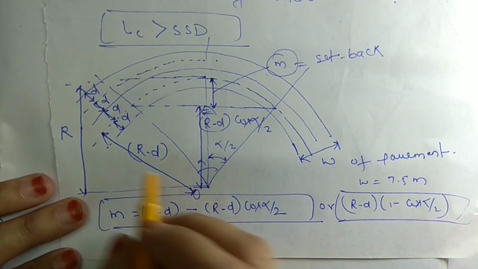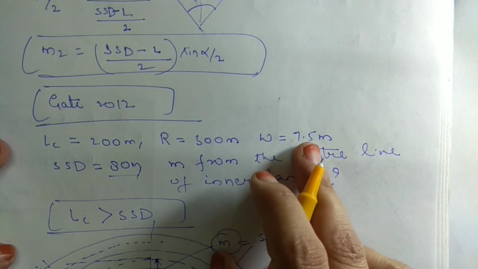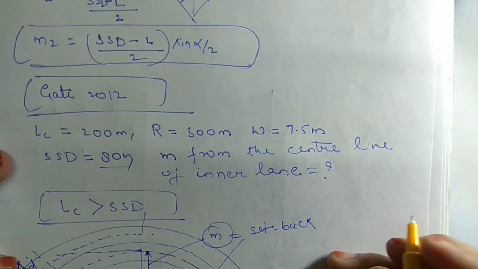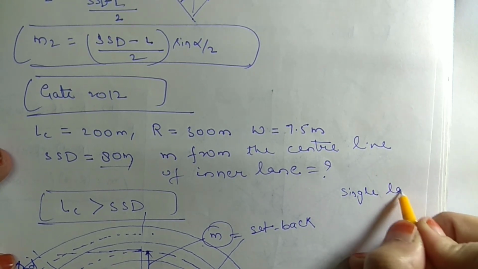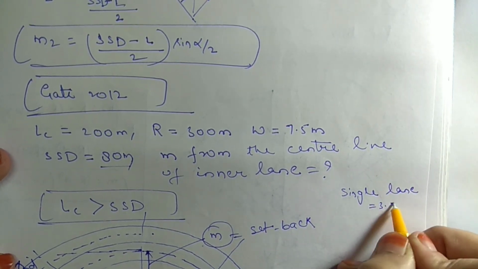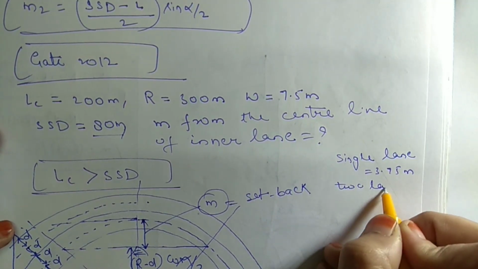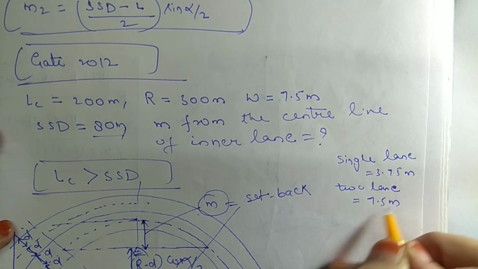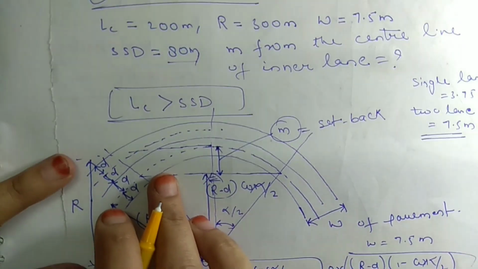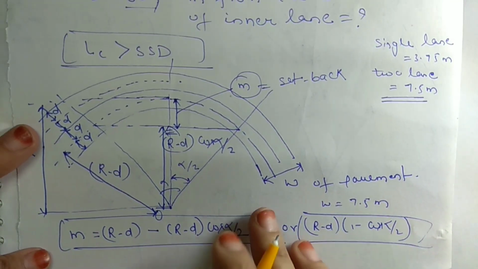So how can we calculate this D? We have been given the width of pavement as 7.5. For single lane, the width of pavement as per IRC is 3.75 meter, and for two lane pavement the width is 7.5 meter. So this is a two lane pavement as I have drawn, and the width is given as 7.5 meter.